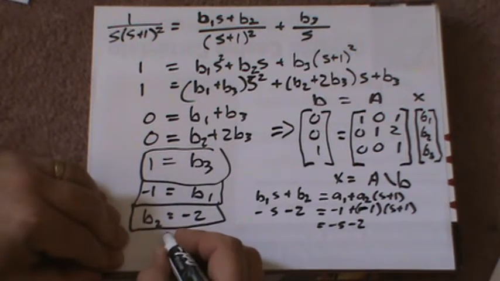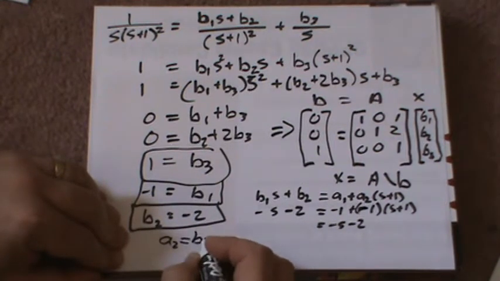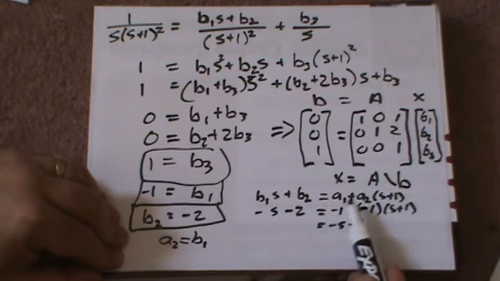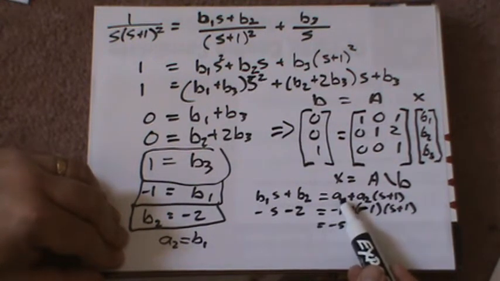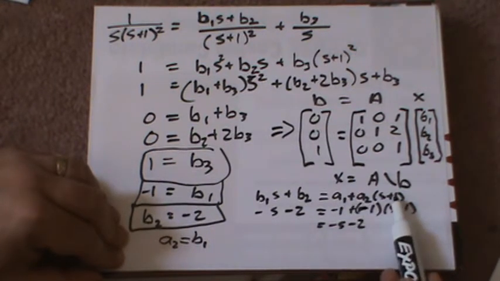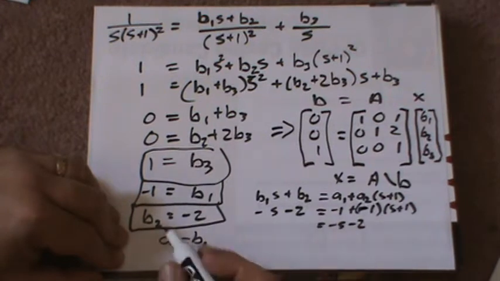So it's the one that ends up multiplying the s. And then the a1, right, what I actually end up with is a1 plus a2 has to equal b2.